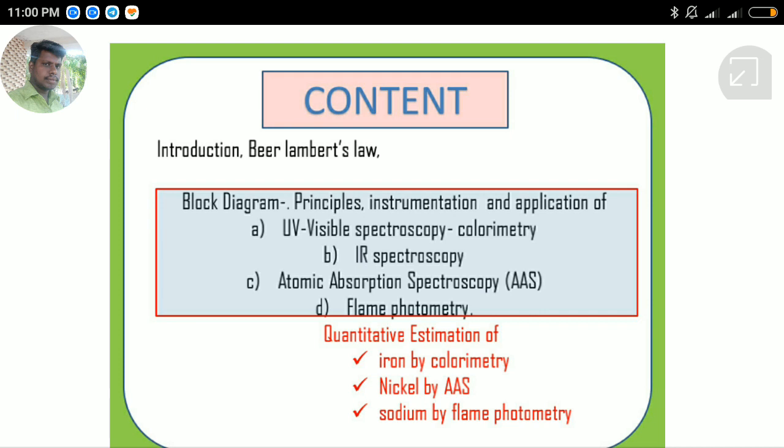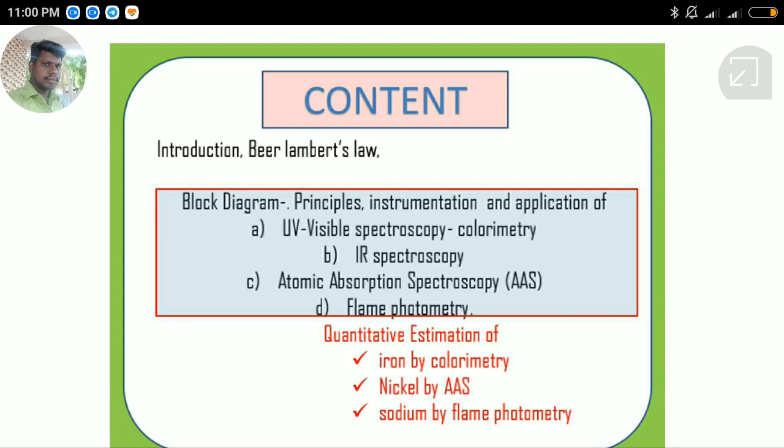We are going to discuss the block diagram, principle, instrumentation and application of UV-visible spectrometry and colorimetry, IR spectrometry or infrared spectroscopy, atomic absorption spectrometry, and finally flame photometry.